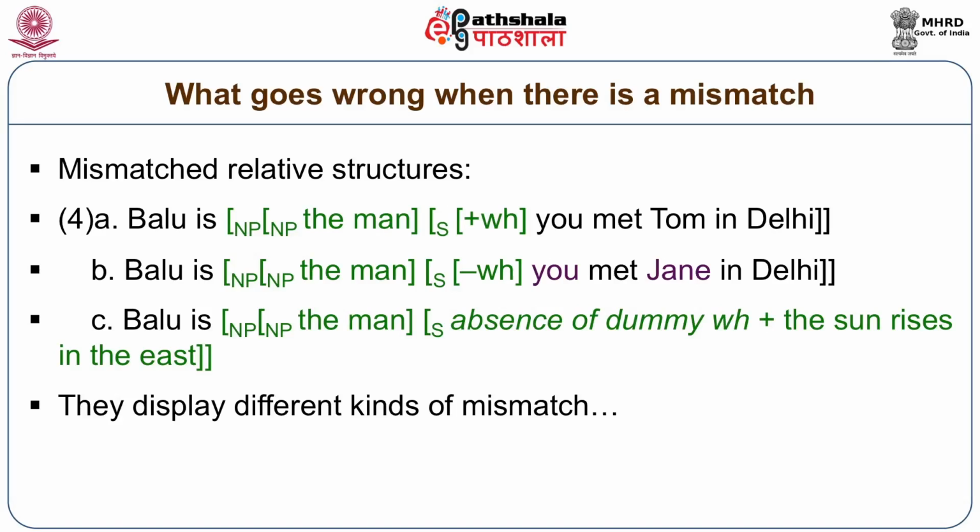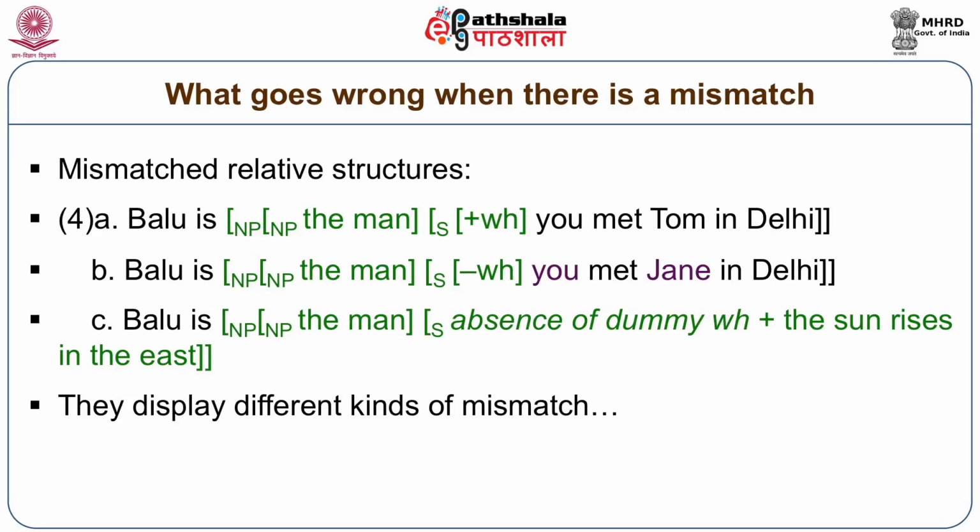In this derivation, "Balu is the man minus WH, you met Jane in Delhi," the fact that there's a minus WH in the sentence which remains unutilized is a problem with our technical gadgetry. Since the insertion of that device is optional, you will also get a derivation "Balu is the man you met Jane in Delhi" without the minus WH, where that technical gadgetry problem does not arise. So that is not the reason why that derivation needs to be filtered out.